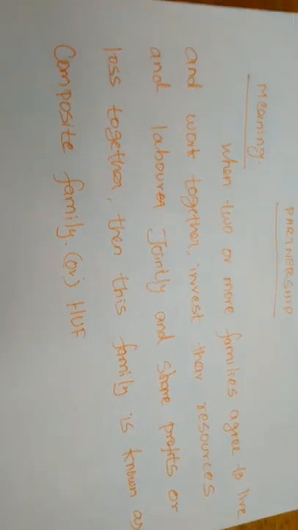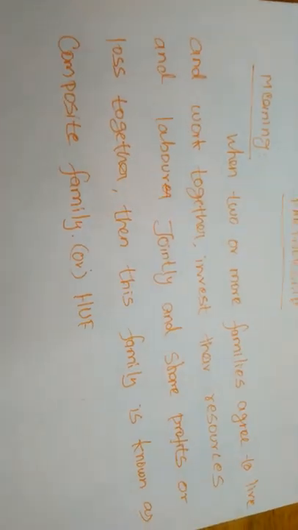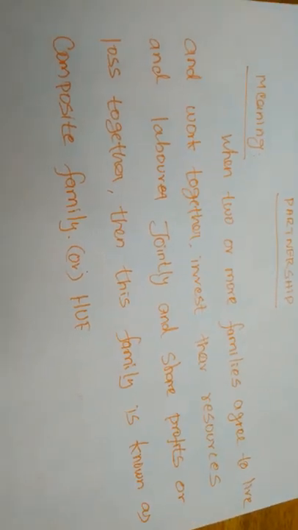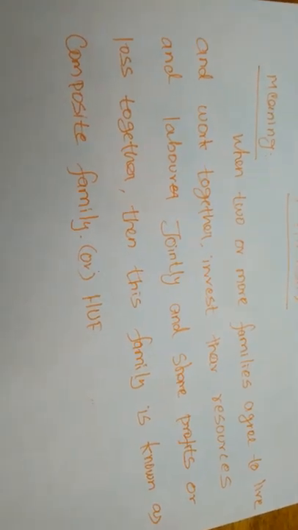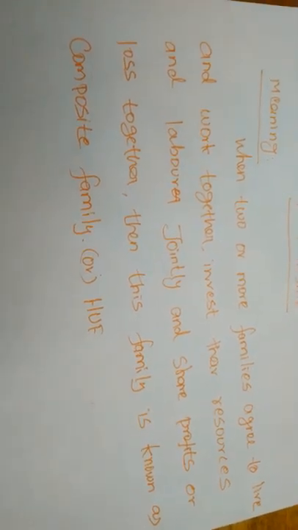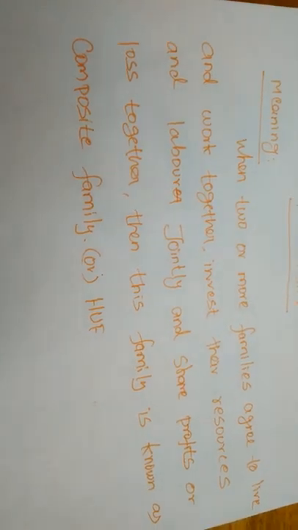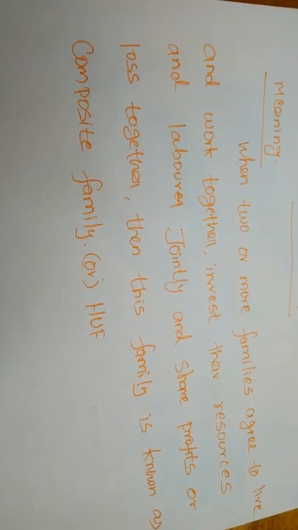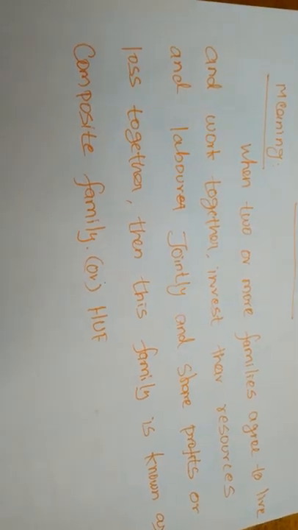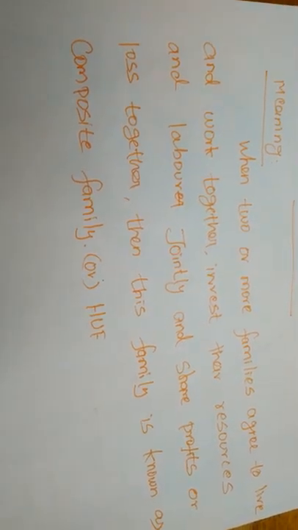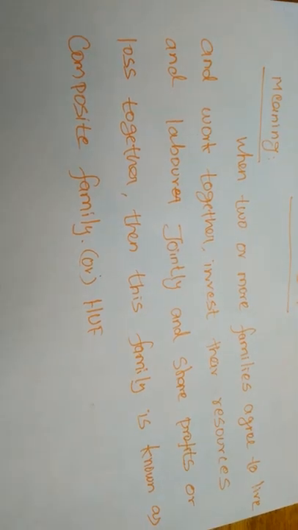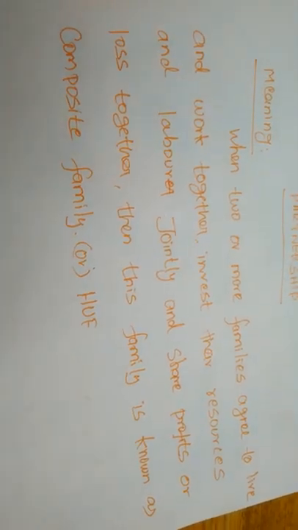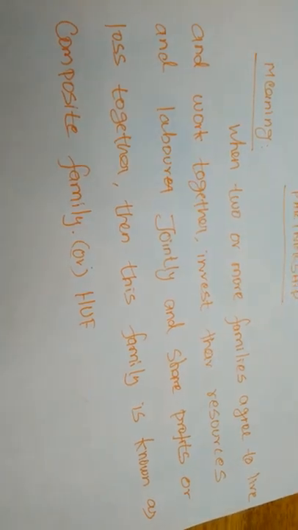Okay, normally, if a joint family belonging to the Hindu religion wants to conduct any business organization, all the members have to join together and invest all their resources, and they have to work jointly and share their profits together. If a loss arises, the loss also has to be taken together.